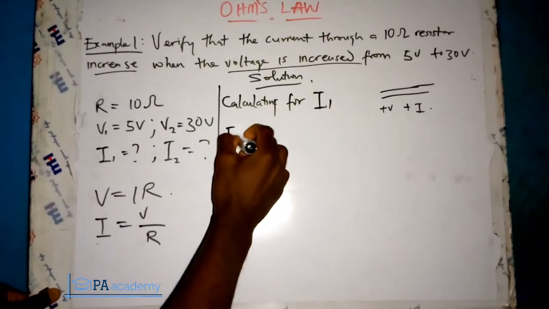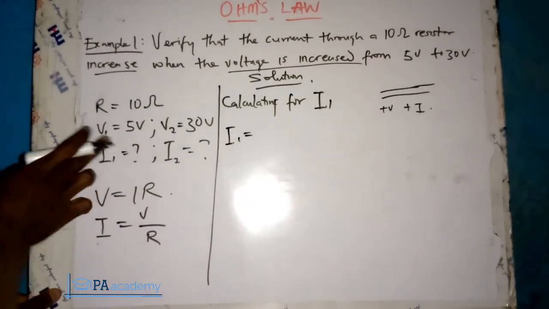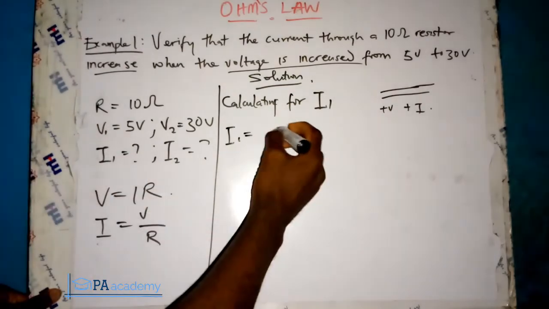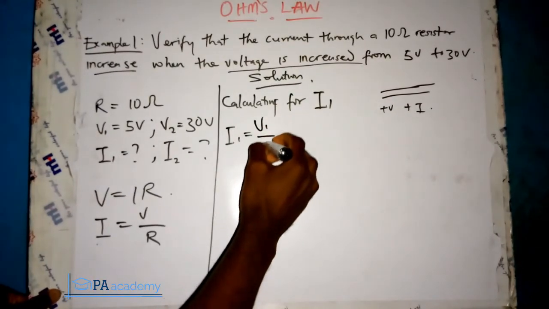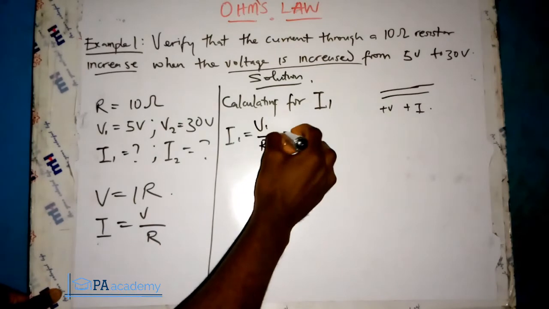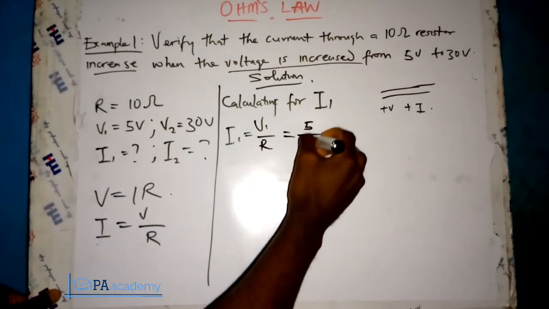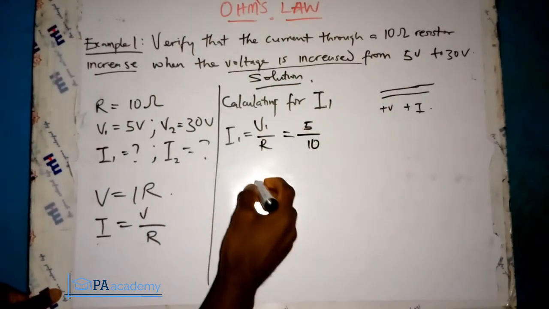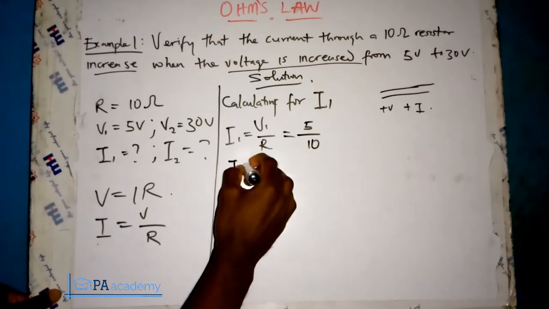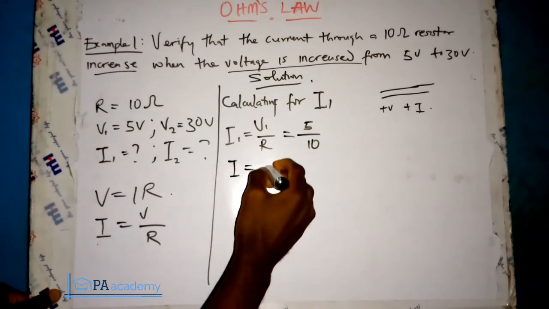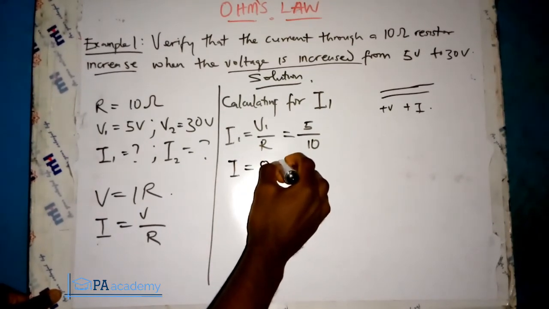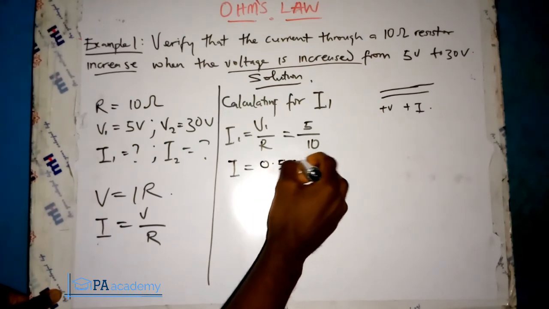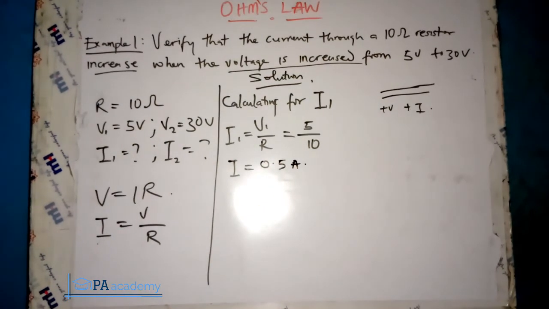Our I1, which is the current when the voltage is at 5 volts, is equal to V1 over R, that is 5 over 10. So our I1 is equal to 0.5 amperes.